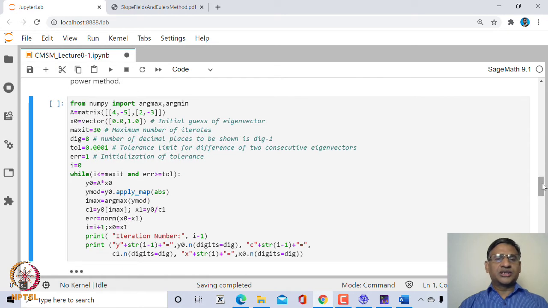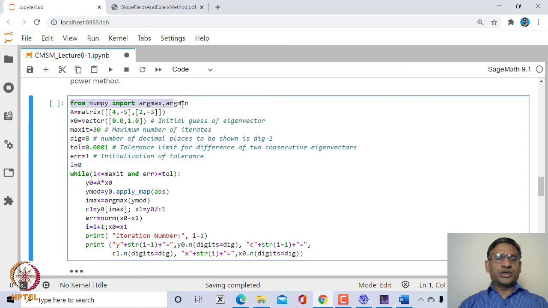Now let us write a Sage routine. For this we will import two functions, argmax and argmin. argmax will find the index for which a list has the maximum value, and similarly argmin will find the index for which a list has the minimum value. Now A is this matrix, x naught is the starting vector.